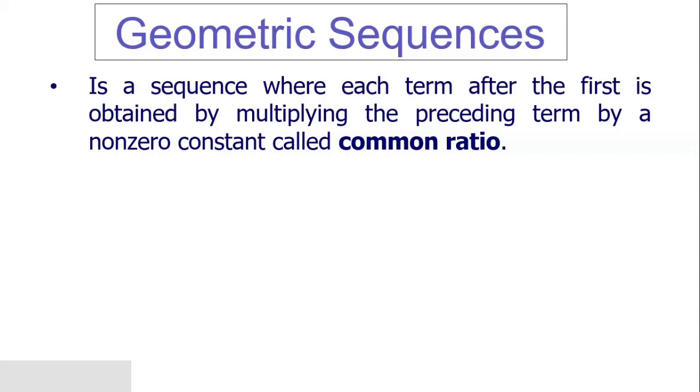We have already discussed arithmetic sequence before. You have learned that unlike geometric sequences, the terms of an arithmetic sequence are determined by adding a fixed number called common difference to the preceding term. So in geometric sequence, we need common ratio, while in arithmetic sequence, we need the common difference.